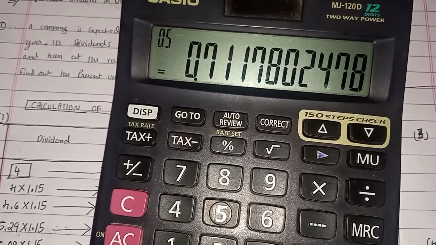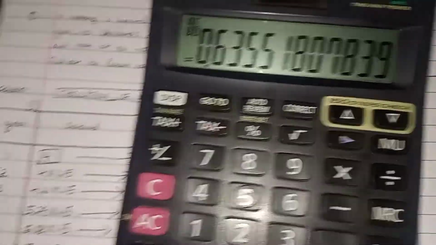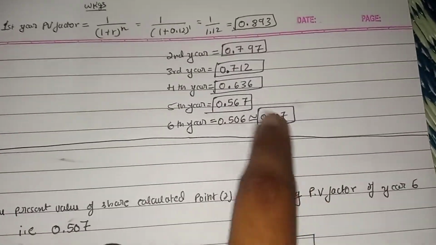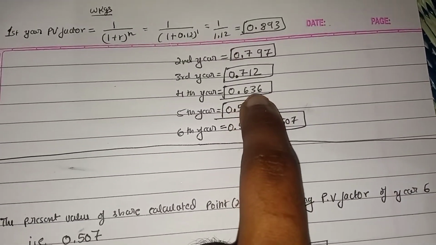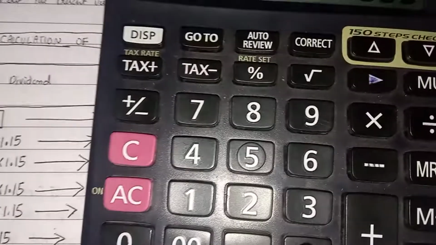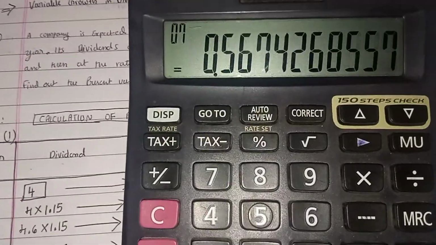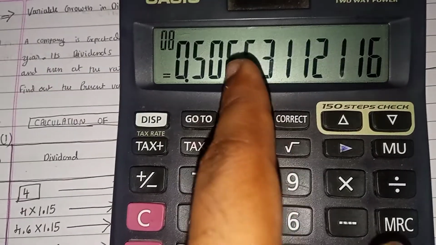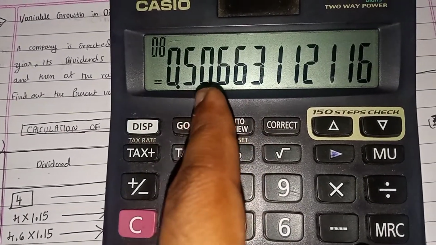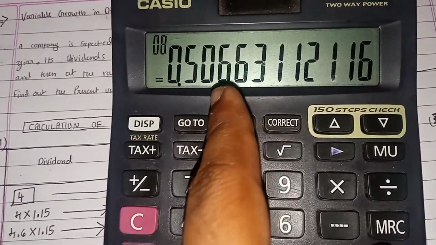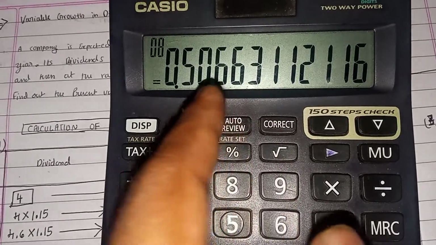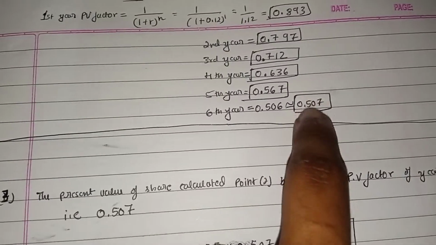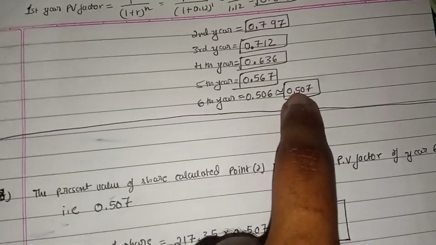See, you can observe here 0.635, 0.636, round off. If you do consecutively, you will get 0.507 if you round, because here there is 6, so if you round off you will get 0.507. So here you can observe 0.507.